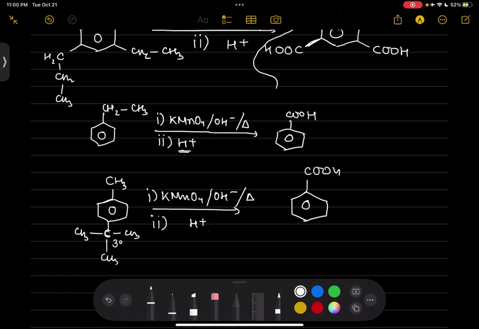This is a tertiary carbon now. Yeah. Tertiary butyl will not get oxidized. Is it clear or not? Tertiary carbon will not get oxidized. Other than tertiary, if you take butyl, propyl, isopropyl, pentyl, all of them will get oxidized to COOH.